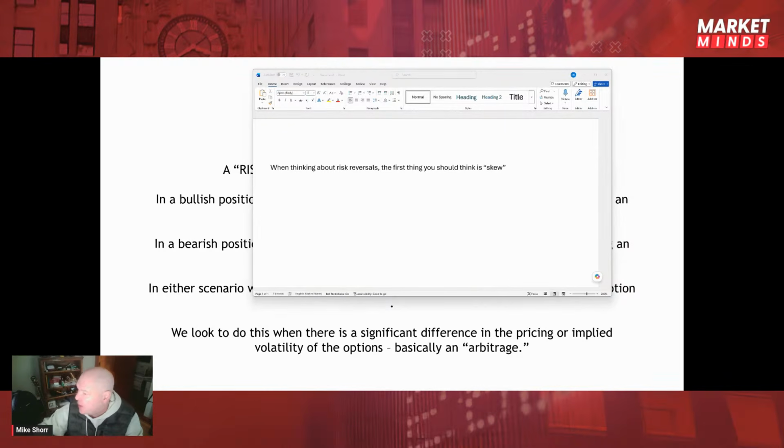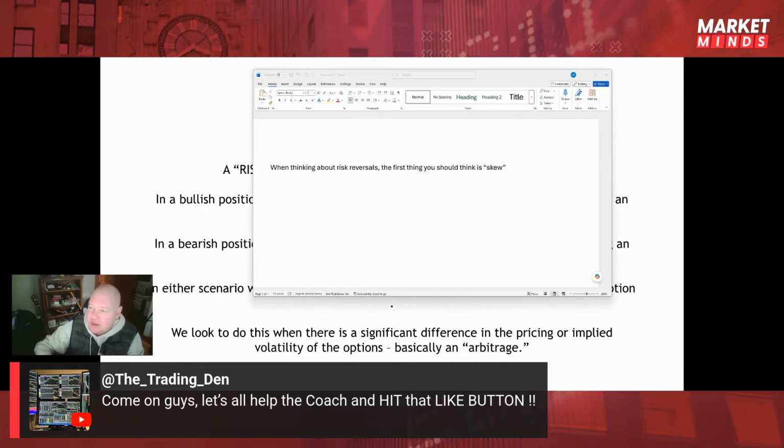For example, going into earnings, we're going to see short term implied volatility go up in general. So we know that in between different expirations, we're going to have potentially different implied volatilities. Let me just jot that down right there.